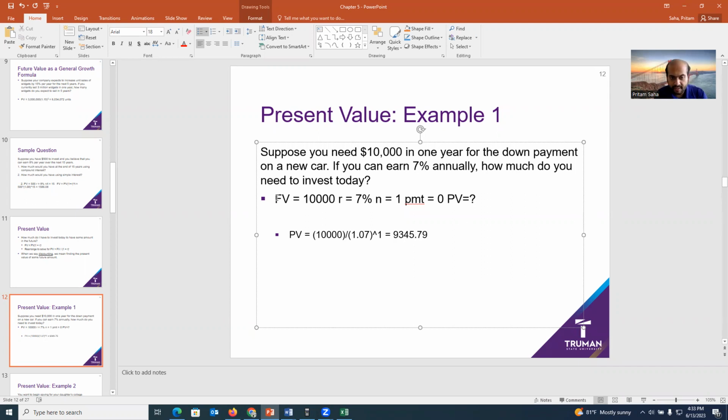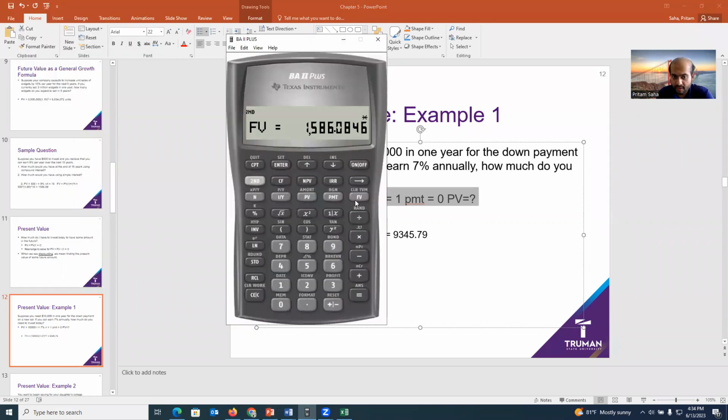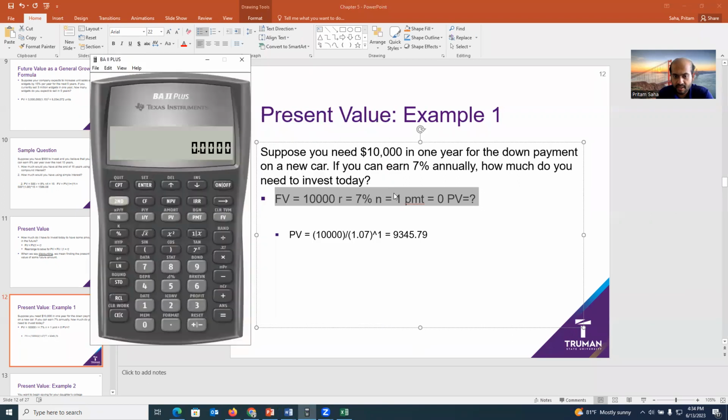And if you type this information into the financial calculator, you'll get the answer. When you use the financial calculator, make sure to clear first, okay? Clear. Now I'm just copying the information. N is 1, rate is 7.